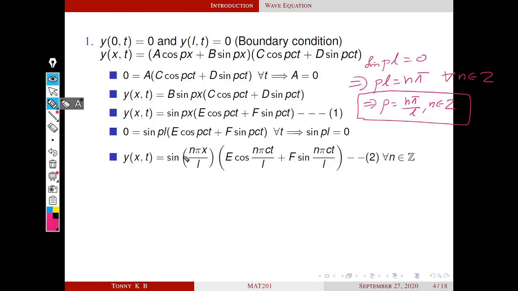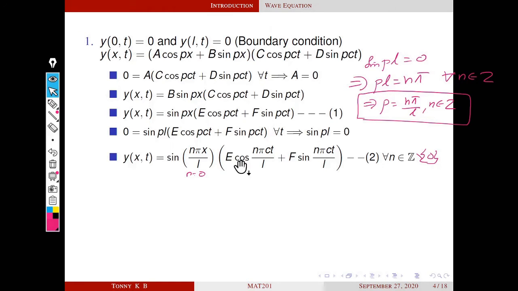Suppose n equals 0. Then this becomes sin 0, which is 0. So when n equals 0, y(x,t) becomes our trivial solution, the zero solution. We are interested only in non-zero solutions, so we throw out the case n equals 0. So these are the non-zero solutions for all integers except 0.